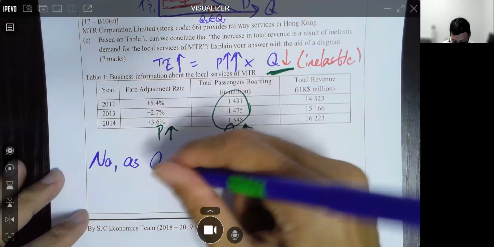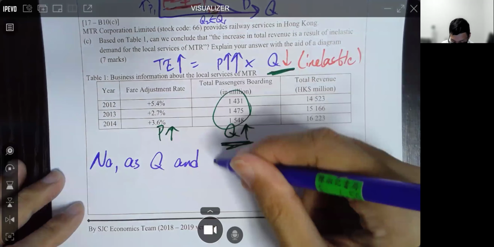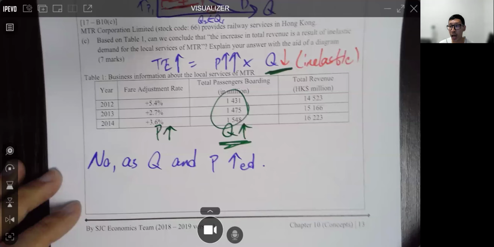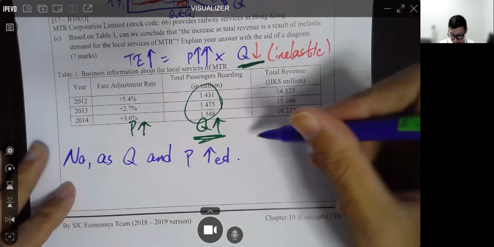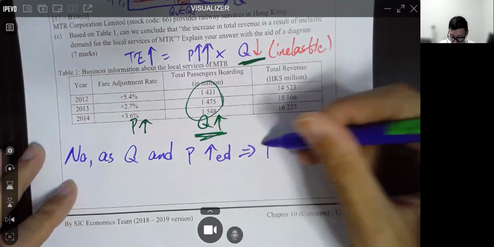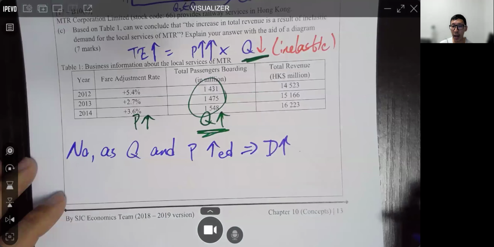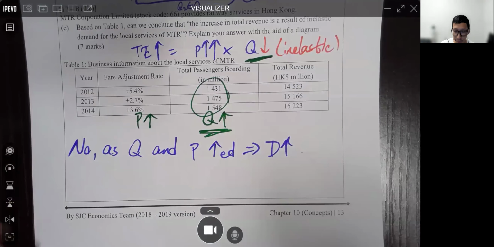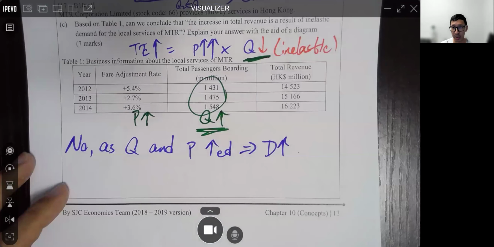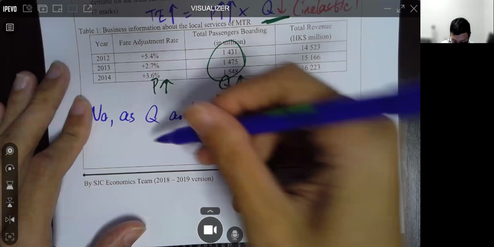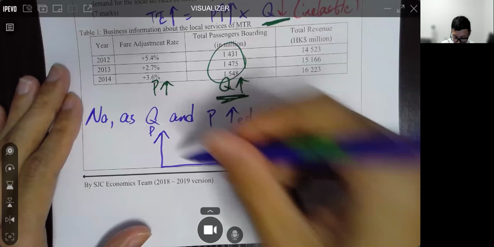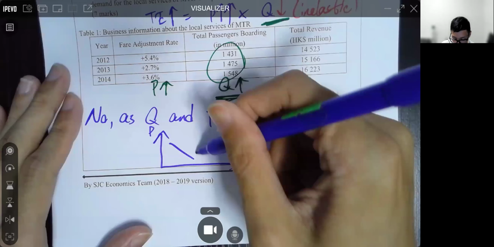As quantity and price increased, 兩個都升晒。In fact, this is an increase in demand for MTR. Okay, therefore, total revenue must increase. For the graph, just go something like this. This is our demand 1.